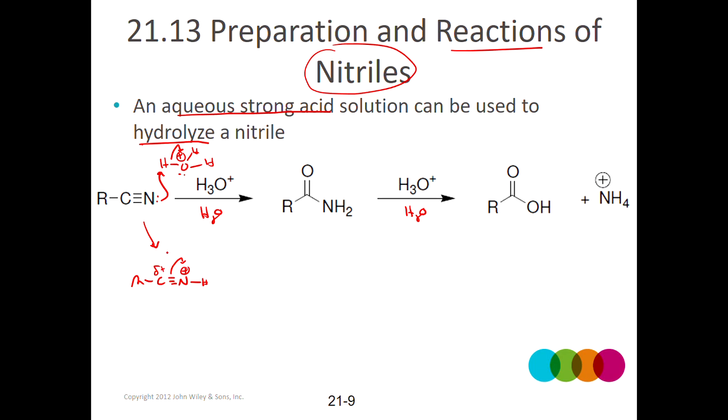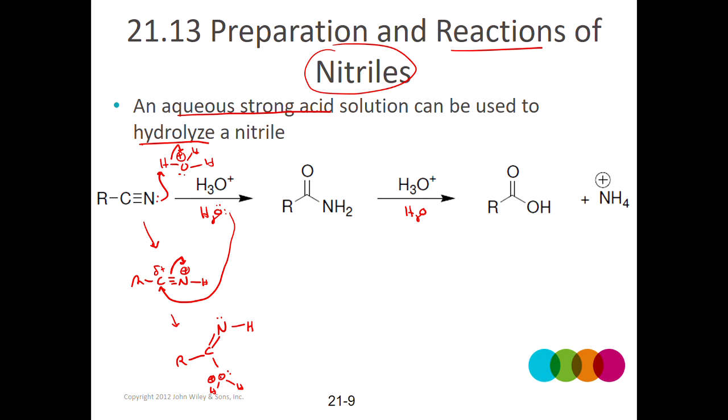And that positive will attract water in as a nucleophile, pushing the electrons onto the nitrogen. Then we would have a couple proton transfers occur.